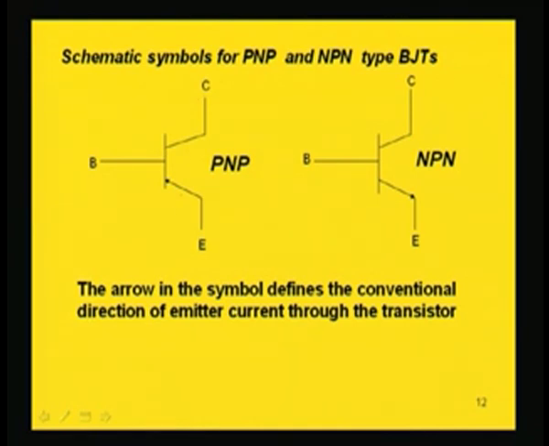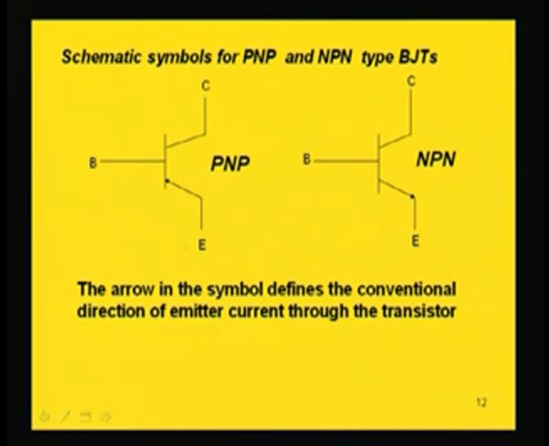We have 3 terminals: emitter, base, collector. There is an arrow marking on the emitter terminal. That is the significant point to differentiate between a PNP and an NPN transistor. The arrow in the transistor symbol denotes the conventional direction of the emitter current through the transistor.